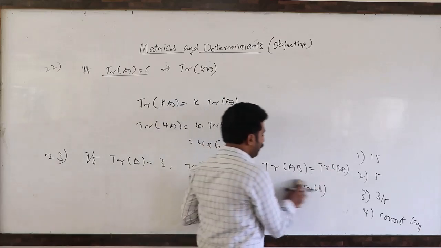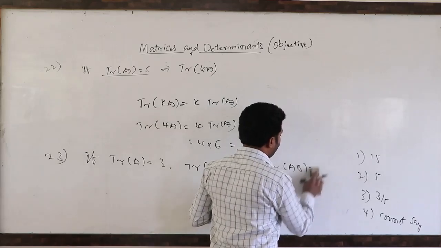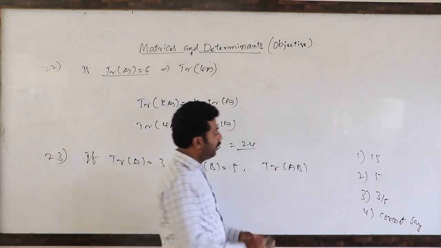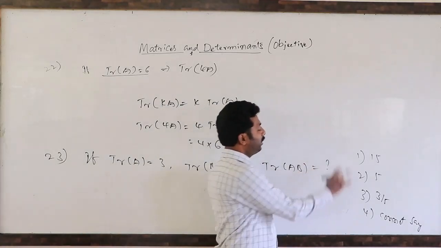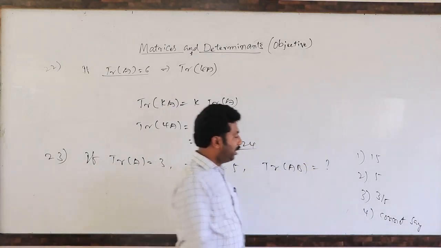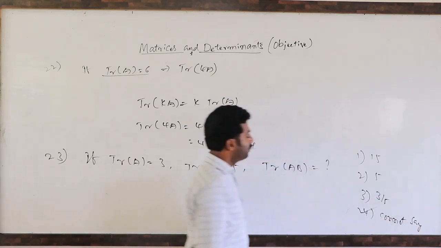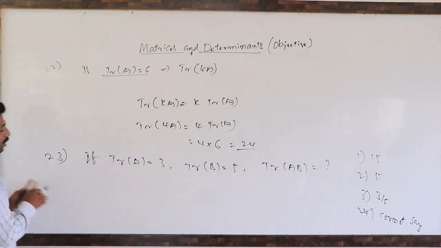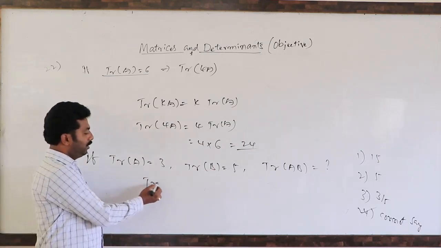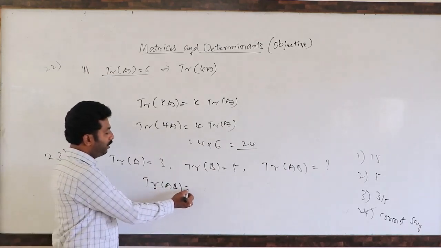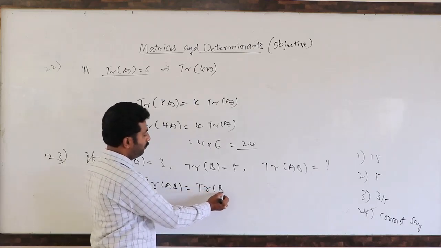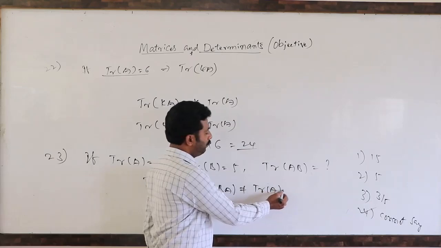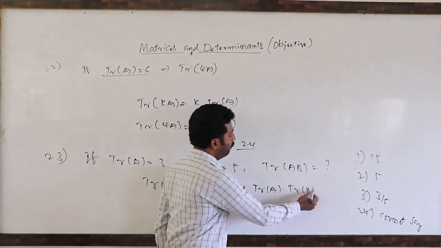Without knowing matrix A and matrix B, we cannot calculate the trace of the matrix AB. So we cannot say anything about trace of AB. So remember this formula: trace of AB equal to trace of BA, but not equal to trace of A into trace of B.